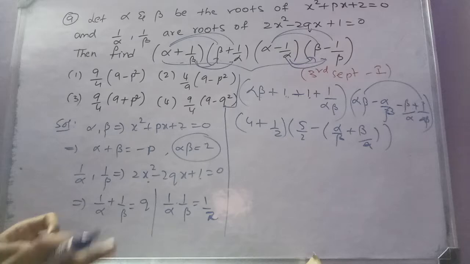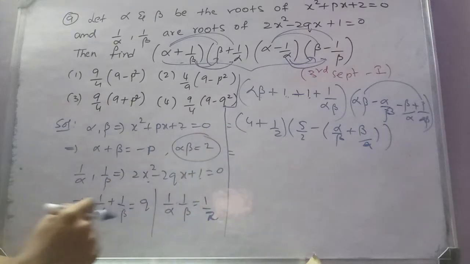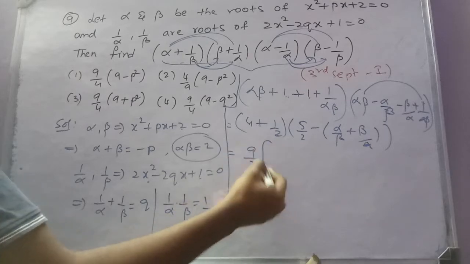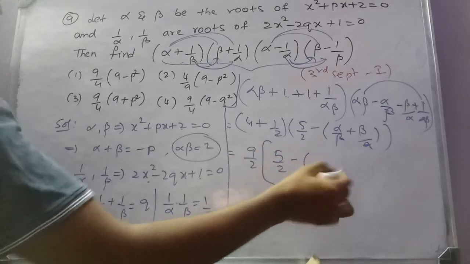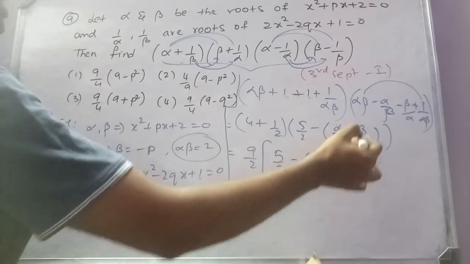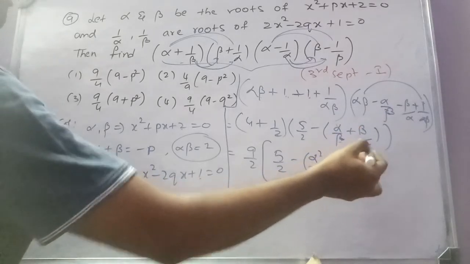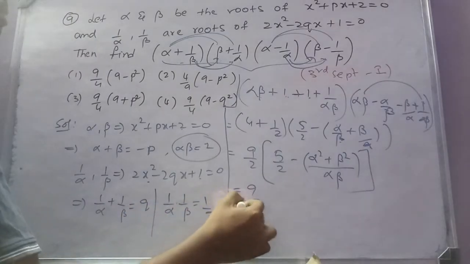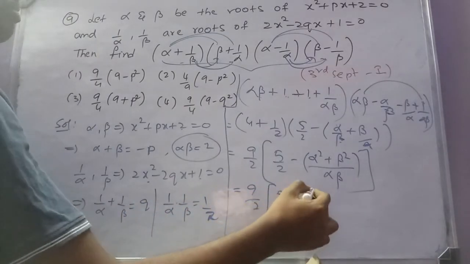Easy calculation, that's it. As I told you, keep solving, you'll get the answer. So 2 4s are 8 plus 1, 9 by 2 into 5 by 2 minus half. You can take a common denominator. Alpha into alpha, alpha square plus beta into beta, beta square by beta alpha, means alpha beta. So 9 by 2 as it is, 5 by 2 as it is, minus half.